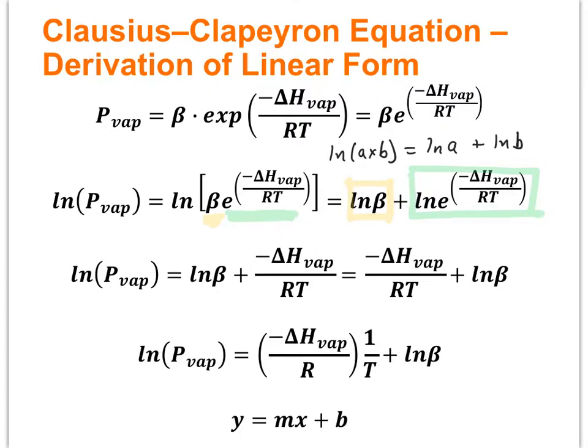Right? Now, there's another log rule that we have to remember. That is, if you've got the natural log of e raised to some power, the natural log of that is just the power. So since this is our power, it becomes the natural log of that whole term.